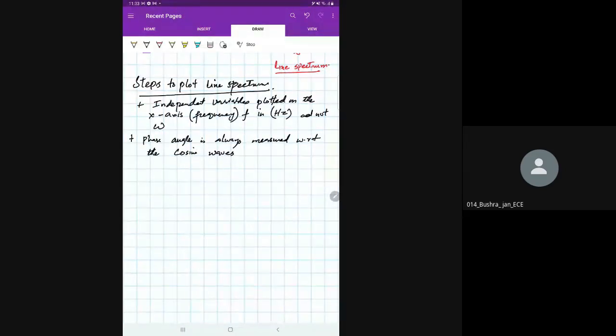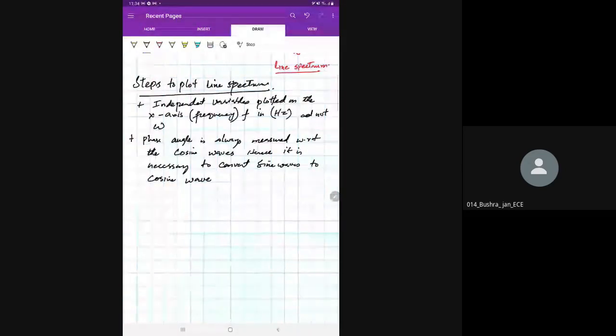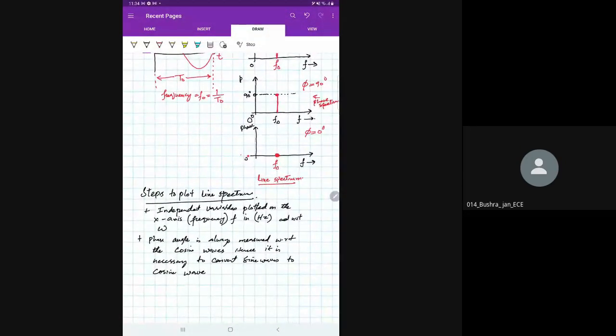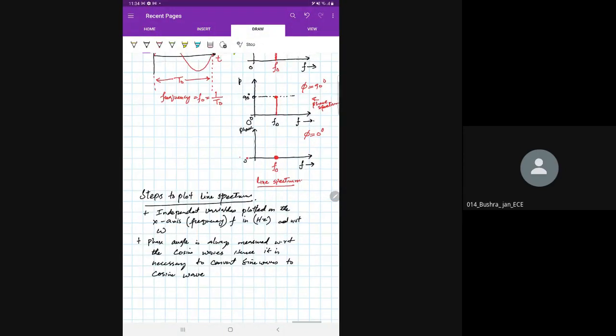Hence, it is necessary to convert sine waves to cosine waves before you plot them. Now see, line spectrum में phase spectrum जो होता है, it is always measured with respect to cosine waves. So you will always measure phase with respect to cosine waves.